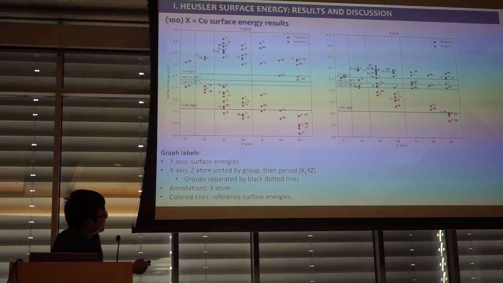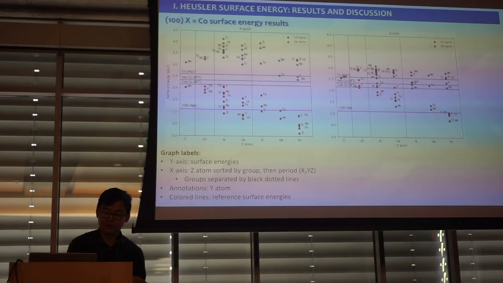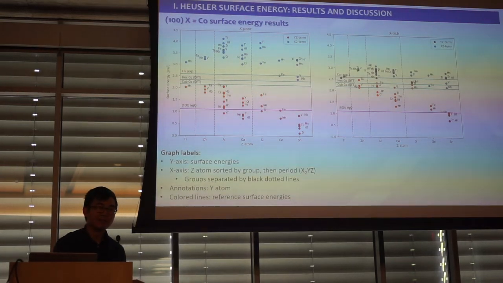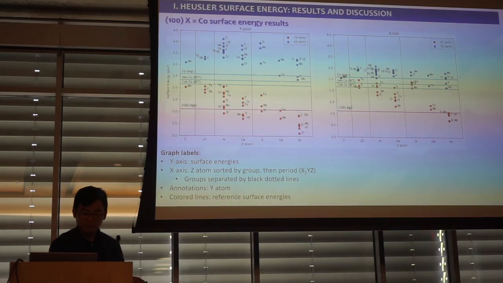We also annotated the Y atom for that data point. And we also have some reference surface energies as the colored lines that you see there. So we have 100 MgO, and we also have the cobalt surface from experiments and also calculated from density functional theory from the Materials Virtual Lab's Crystalium as a reference point.